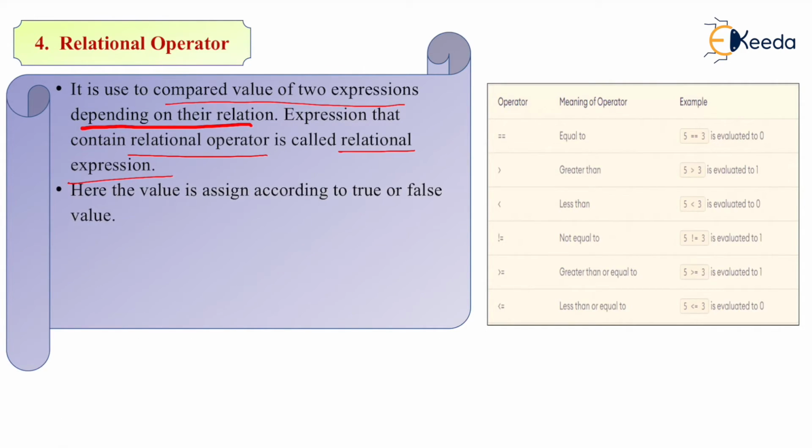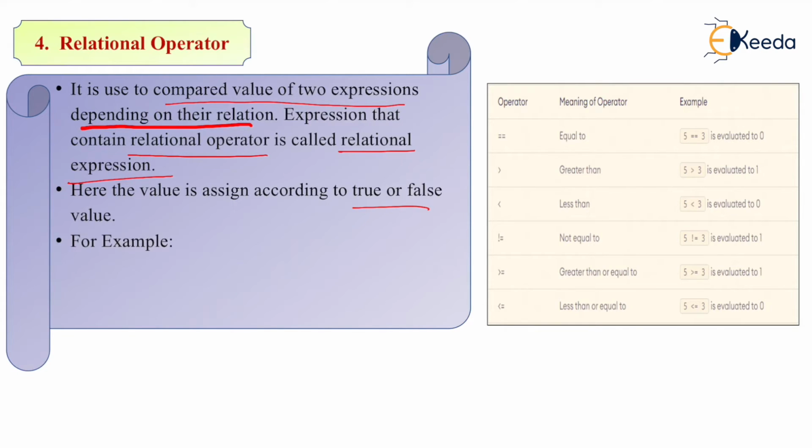Here, the value is assigned according to the true or false value. For example, in this table, we can see multiple operators are present for the relational operation.